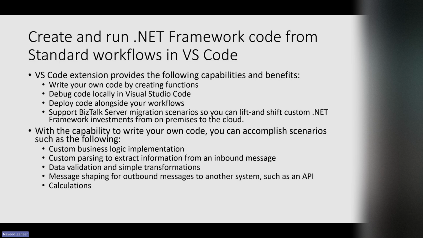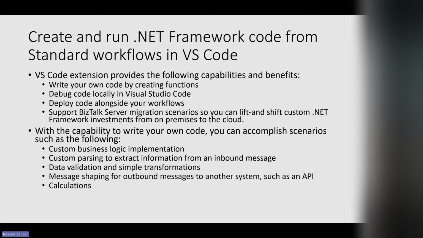At this moment, it is .NET Framework code. .NET Core support is on the way. You can basically create a function and use it inside your workflow. You don't have to make an HTTP call outside, all of that. It opens up some very interesting scenarios. Let's say you have some complex business logic and you don't want to host a separate function to do that. You can do that with this approach.